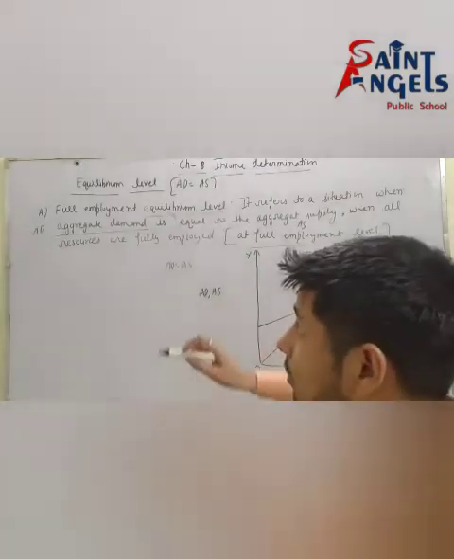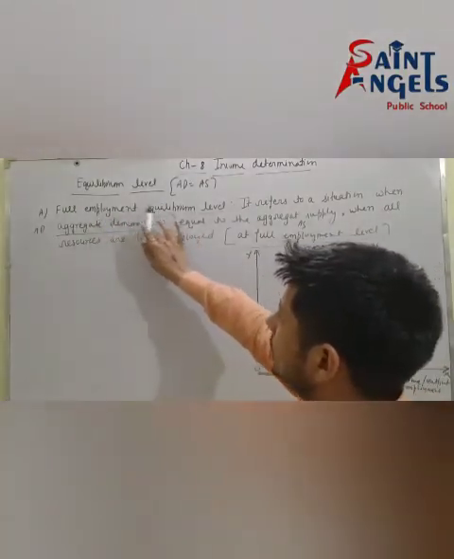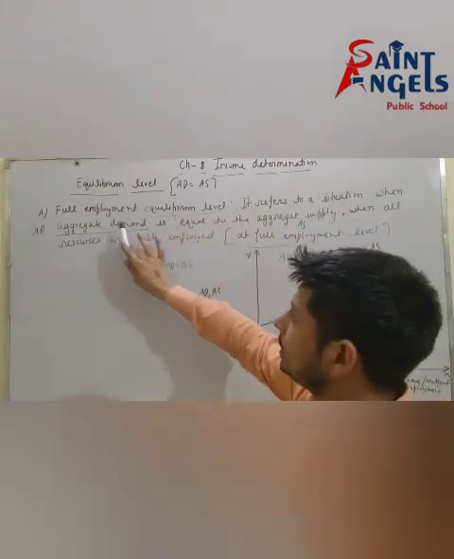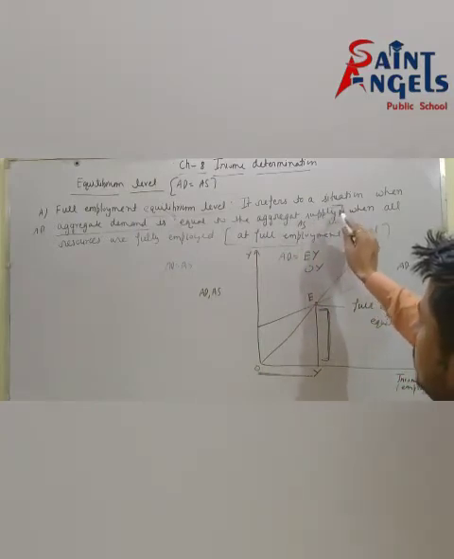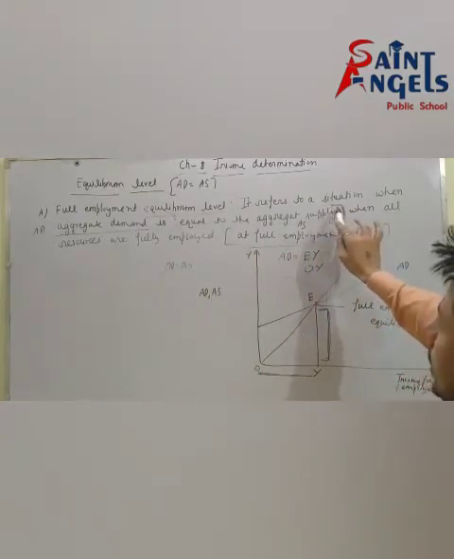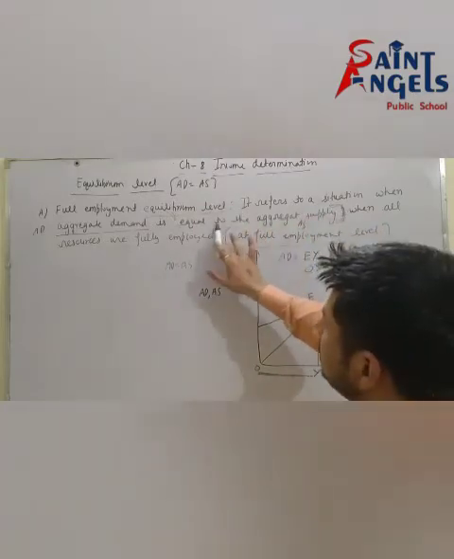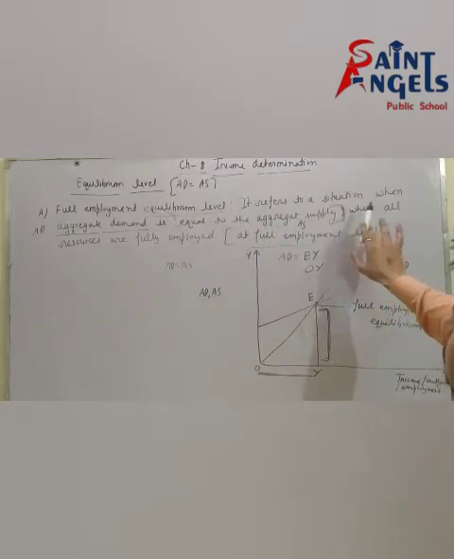Now suppose here there were underemployment. Underemployment equilibrium level means it refers to a situation when aggregate demand is equal to aggregate supply, up to here this line will remain the same, but the change will be here.